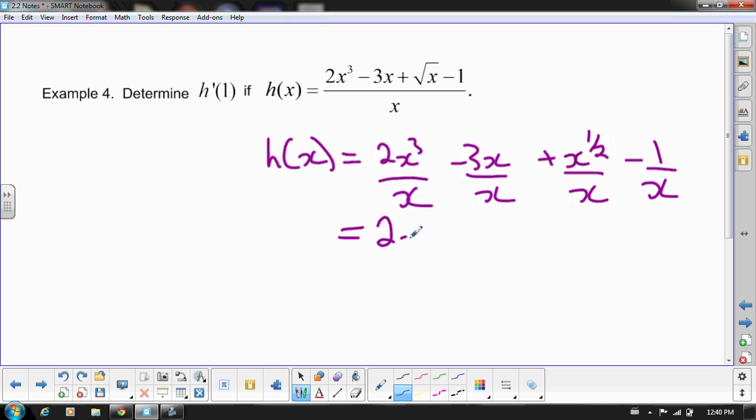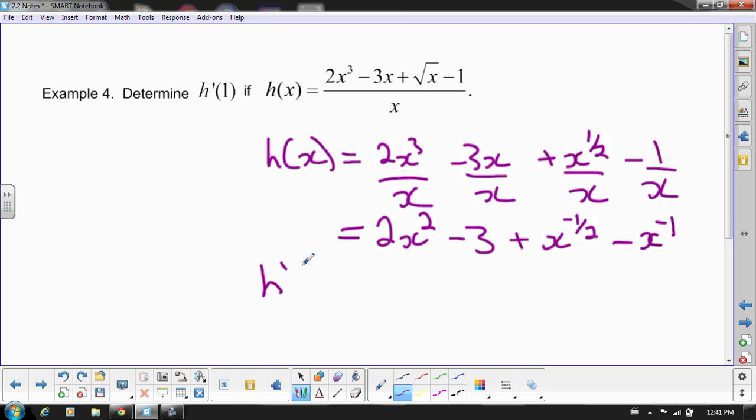So we get 2x squared minus 3 plus x to the power of negative 1. I'm going to fix that. So plus x. 1/2 subtract 1 is negative 1 over 2 minus, I don't want to have any x's in the denominator. So if I move this x up, I get a value of negative 1.